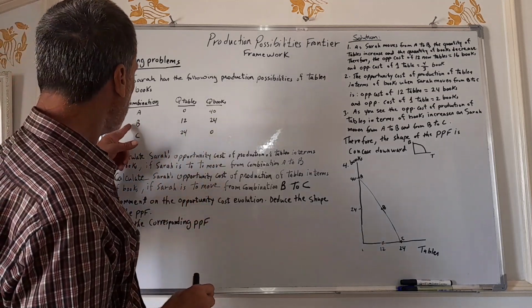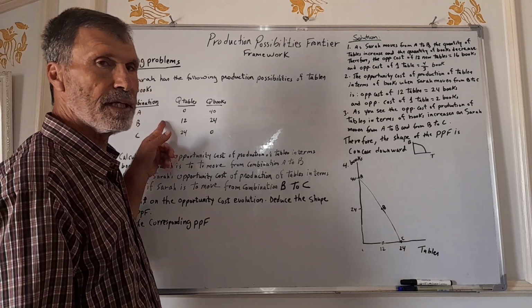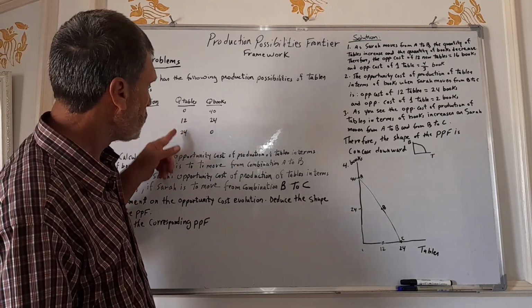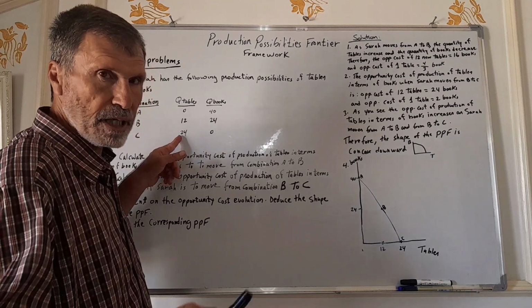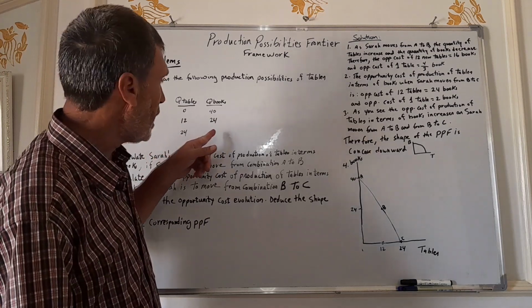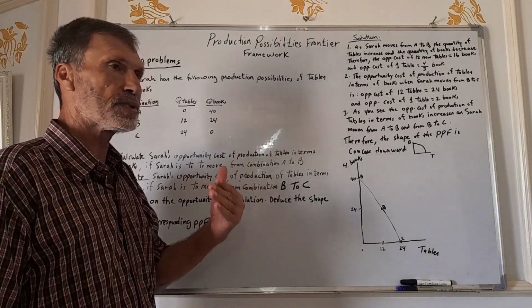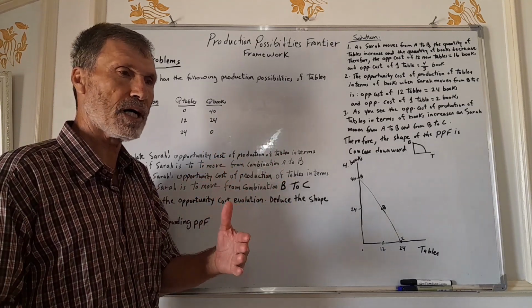As she moves from B to C, of course, the quantity of tables increases by 12, from 12 to 24. So it increased by 12 new tables at the expense of what? Of books. Now, how many books are decreased?